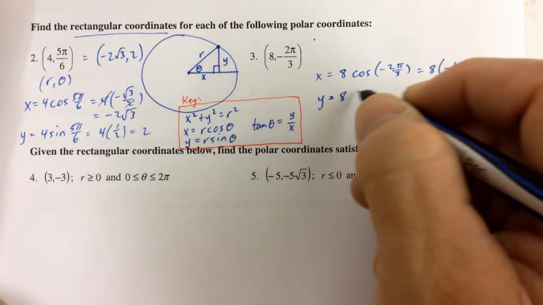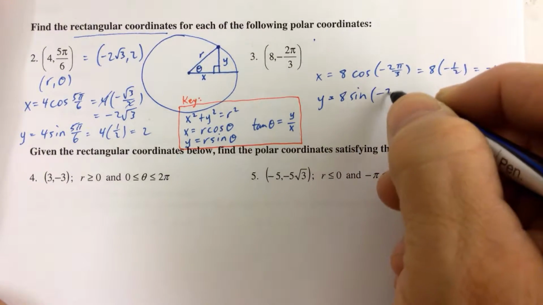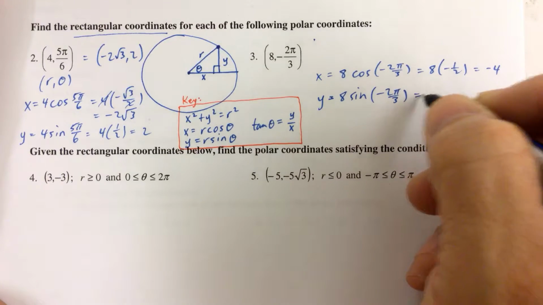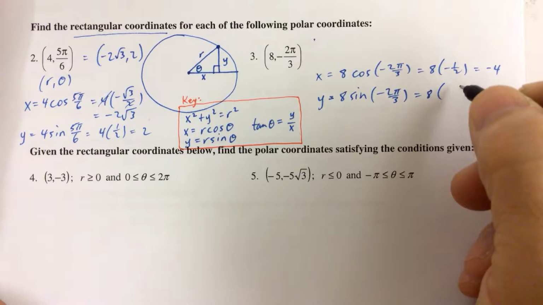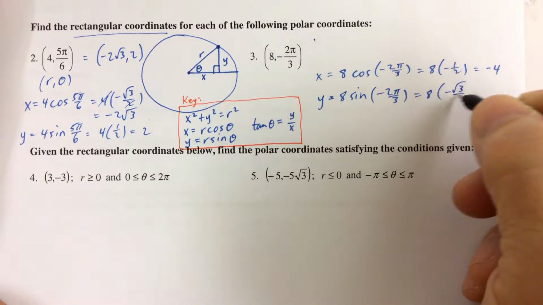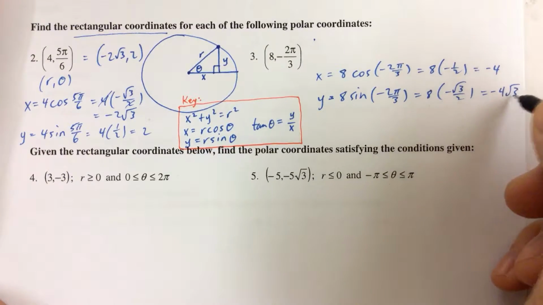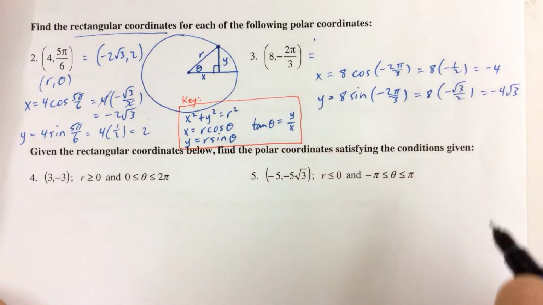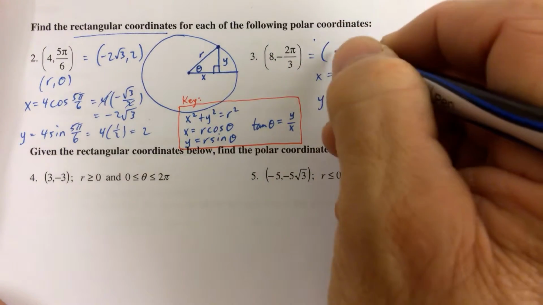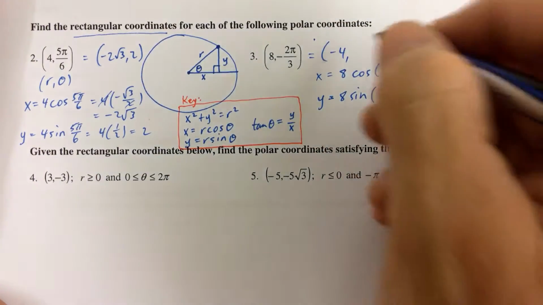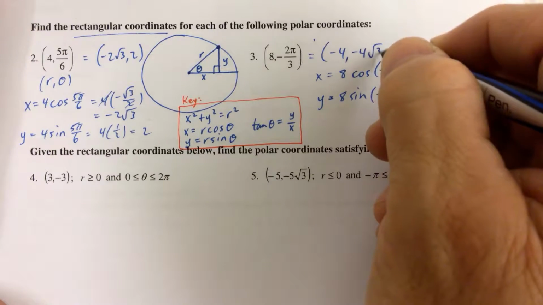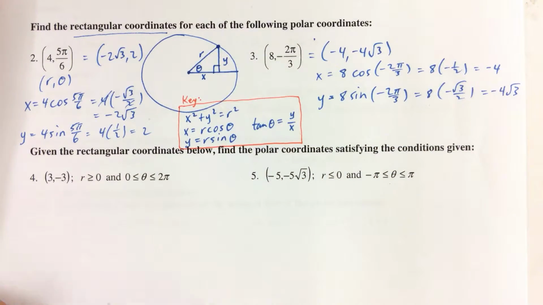Y is 8 times the sine of negative 2 pi over 3. And we know that the sine of negative 2 pi over 3 is negative radical 3 over 2. So that gives us negative 4 radical 3. So therefore, the x, I always do the x first, negative 4 comma negative 4 radical 3.